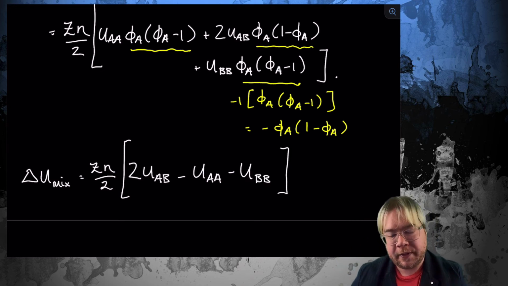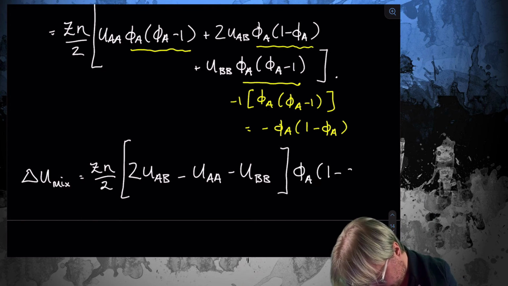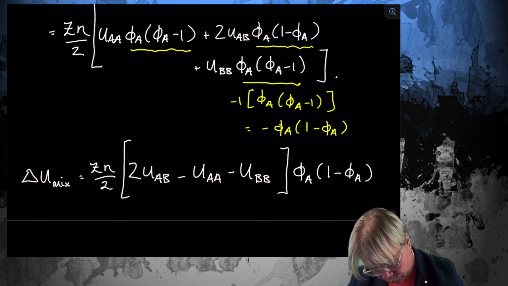And all of that is going to be multiplied by phi A times 1 minus phi A.